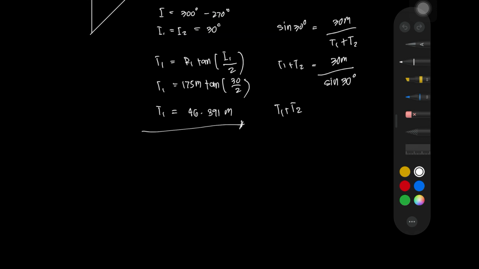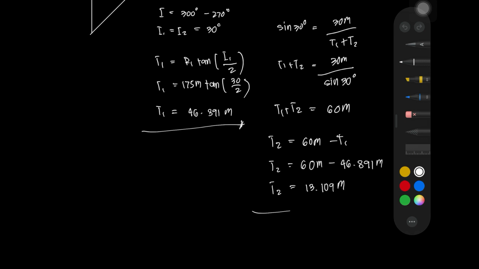So T1 plus T2 is equal to 60 meters. Then T2 is equal to 60 meters minus T1, which is 60 meters minus 46.891 meters. From the calculator, we get 13.109 meters. So we have our T2.